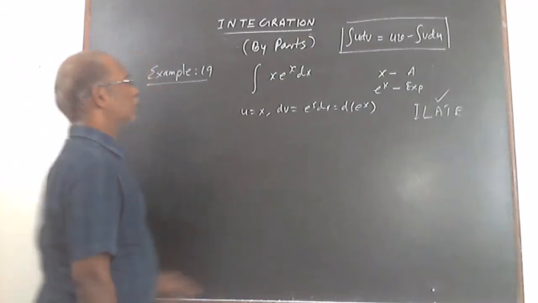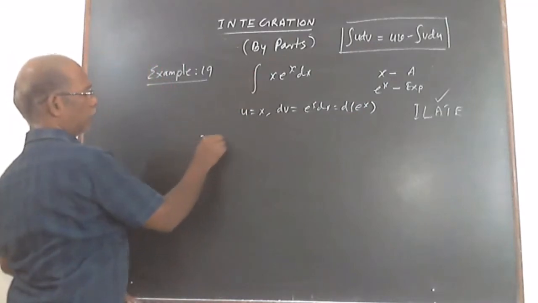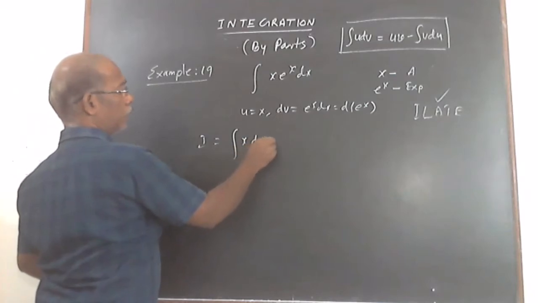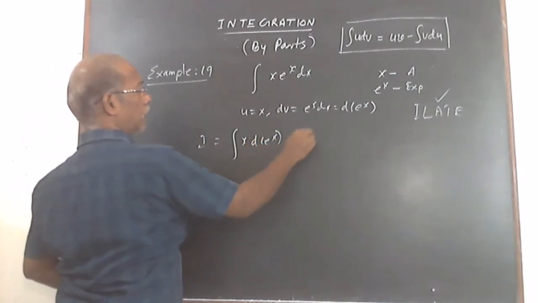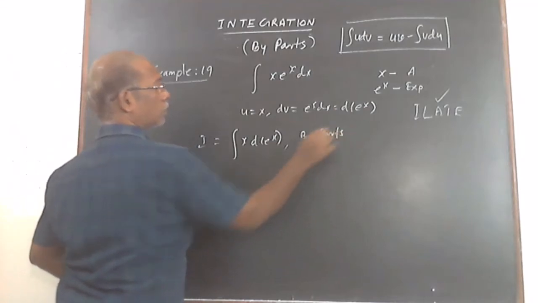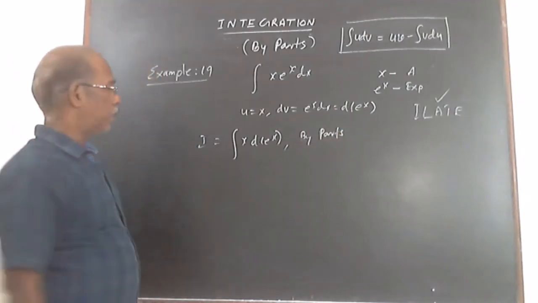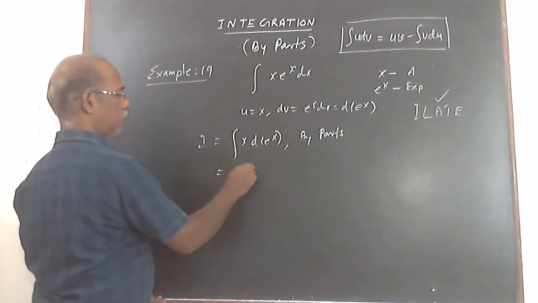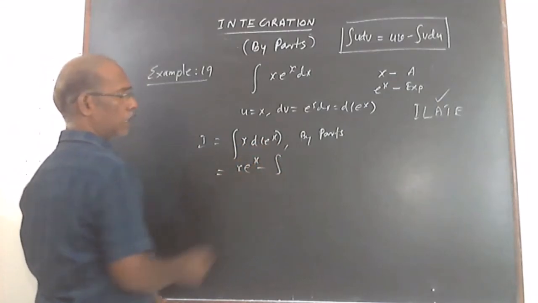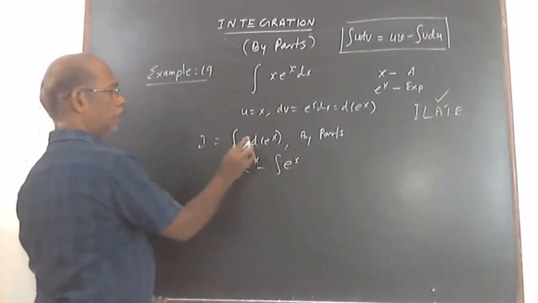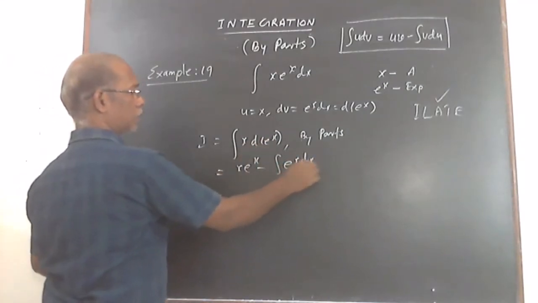This is v. Now how to write I? I equals u dv, that is x d of e power x. Now we can integrate by parts. We get uv, x e power x, minus integral of v, e power x, into the differential of u, dx.